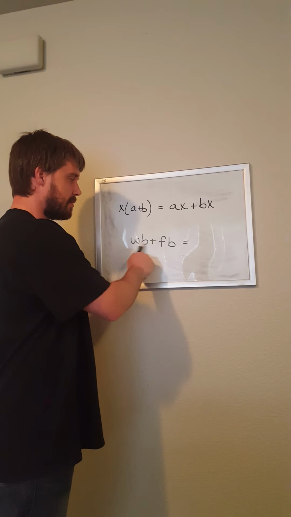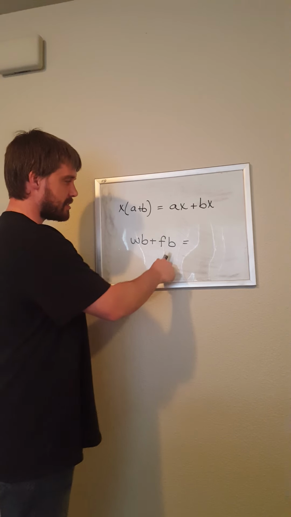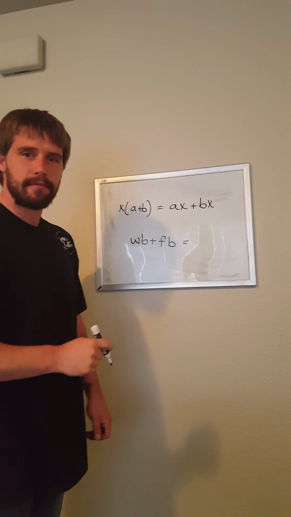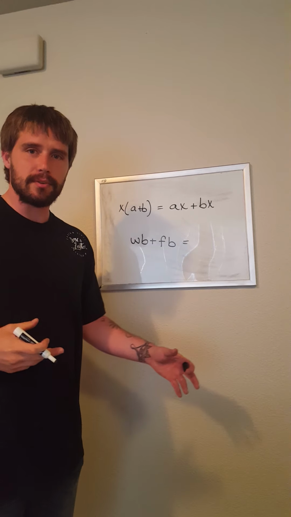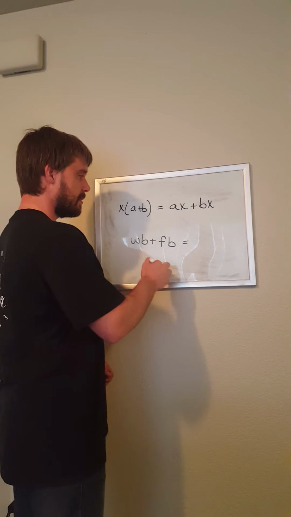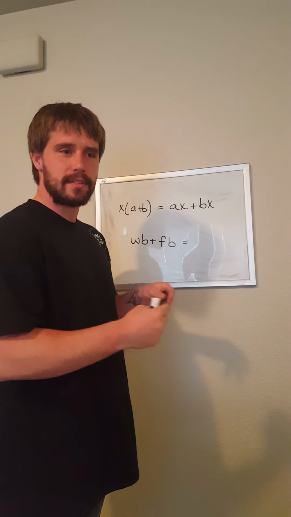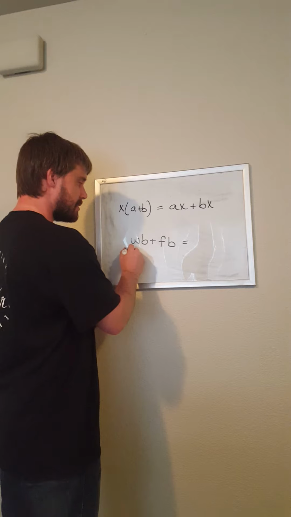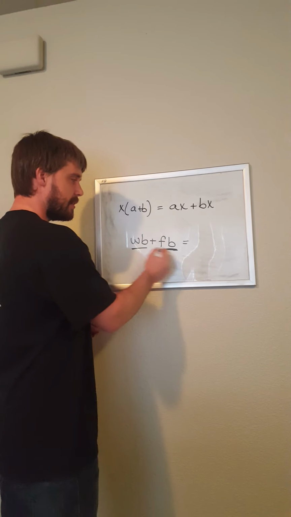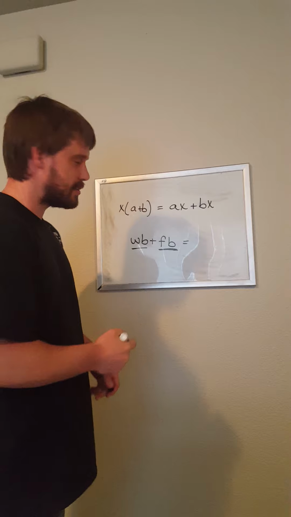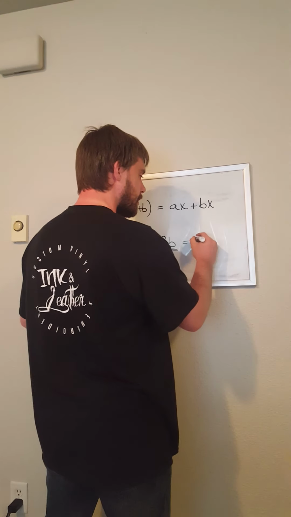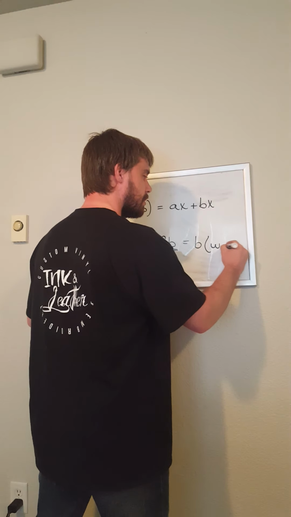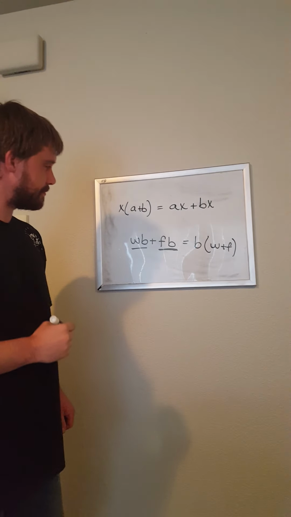I'm multiplying b by everybody, so it's like b has already been distributed to a sum of w and f. So I can undo that distribution. And it's called factoring out. So when I do this in reverse, it's called factoring, because all of these terms now in this sum, they both have a factor of b. So I'm going to take that factor out and get the sum w plus f.